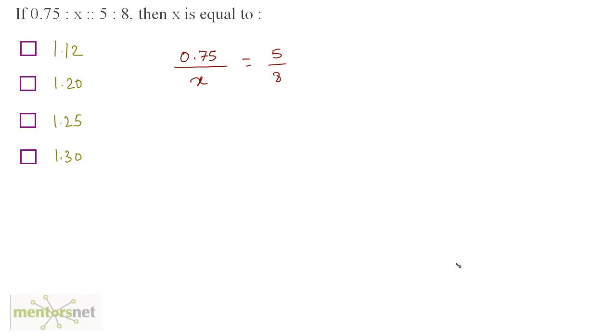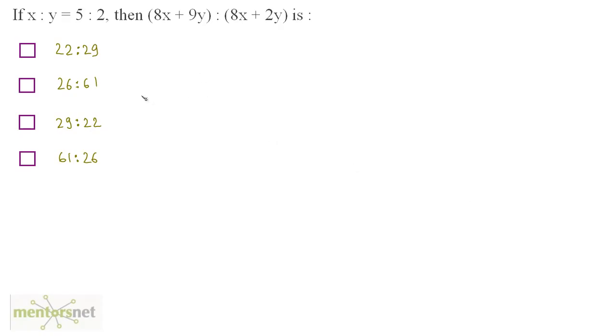So I can find out the value of x now. So x is equal to 0.75 times 8 divided by 5. This is equal to 6 by 5, and 6 by 5 is 1.20. So option B is the correct answer here.